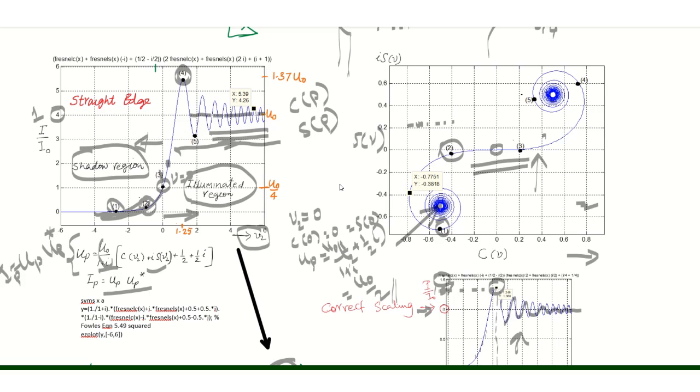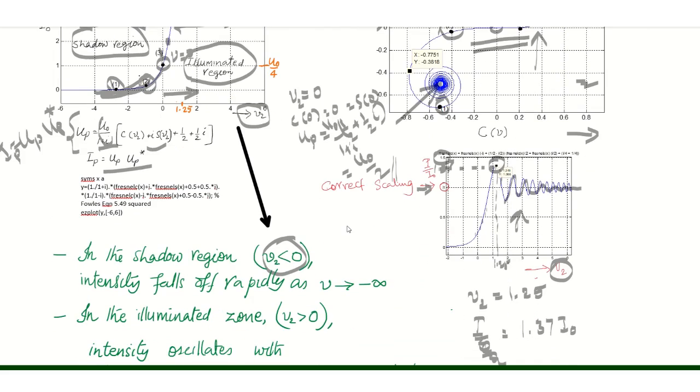Here we know that V2 equals 1.25, and what we want to calculate there is UP equals U0 over 1 plus I, times C at 1.25 plus I, S at 1.25 plus half I.